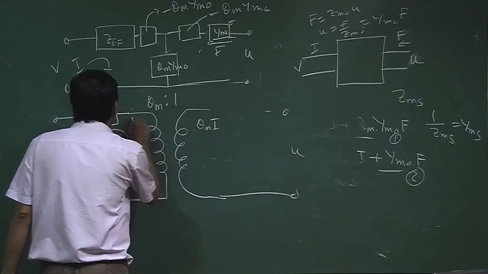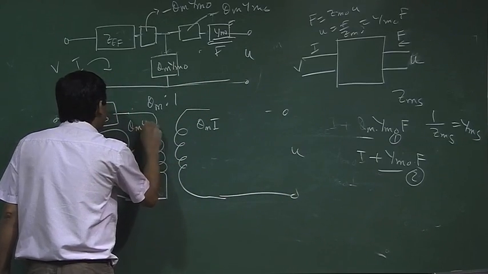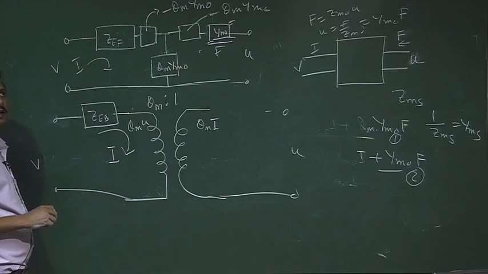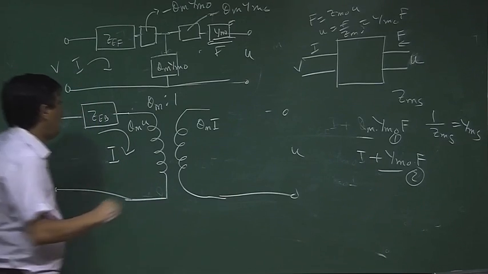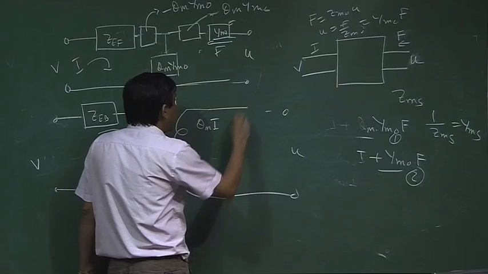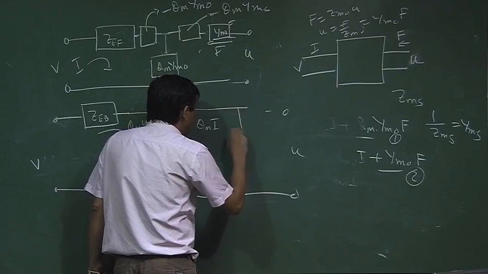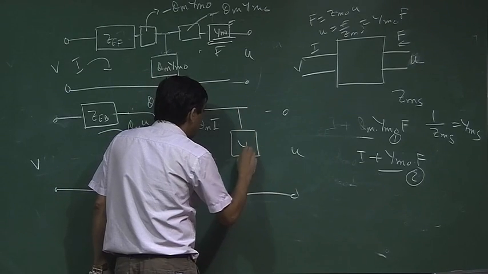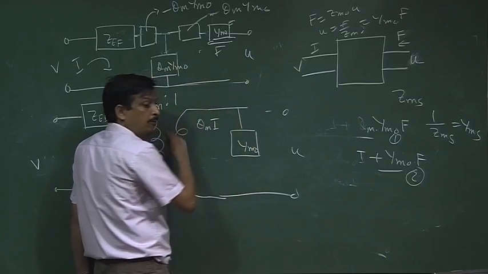So, this will be phi m into U, and I said YMO, this is YMO, F is flowing.